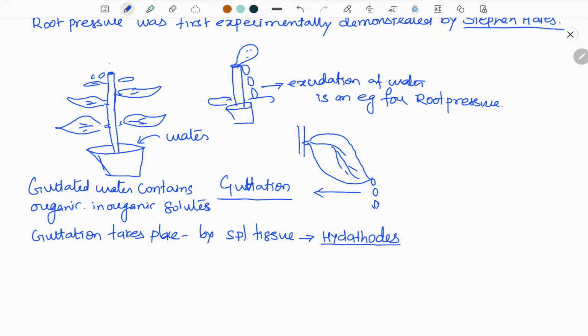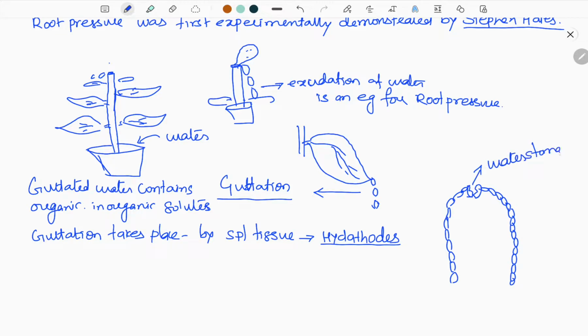How do we understand this hydathodes? Let us suppose this is a leaf. We are seeing here a leaf tip. Here water stoma is present. It is like normal stoma, but it is not movable. It doesn't have the mechanism of opening and closing, such is called as water stoma.